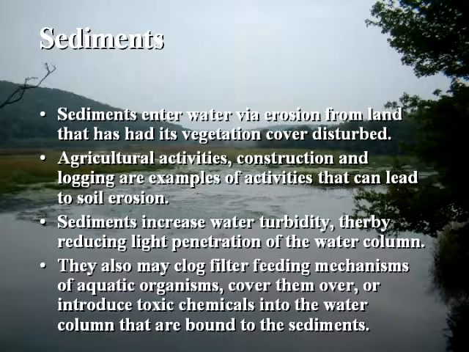As we increase the amount of sediment in the water, we increase the water's turbidity, and this reduces the light penetration into the water. It also can cause issues, as we've discussed, in terms of organisms that need to breathe the water and get oxygen out of it.